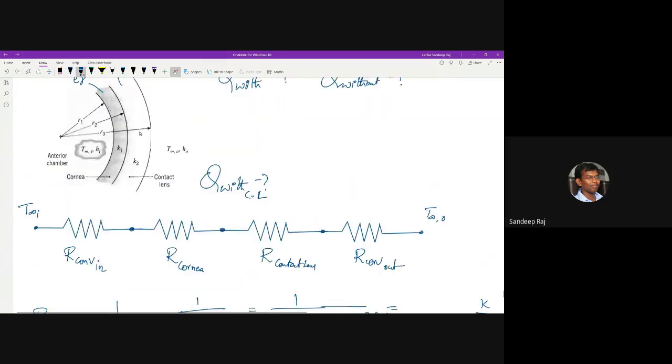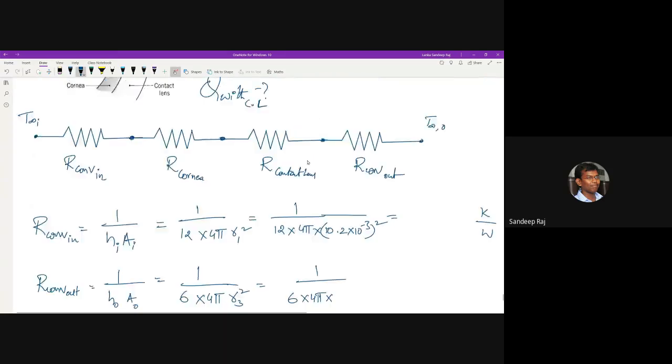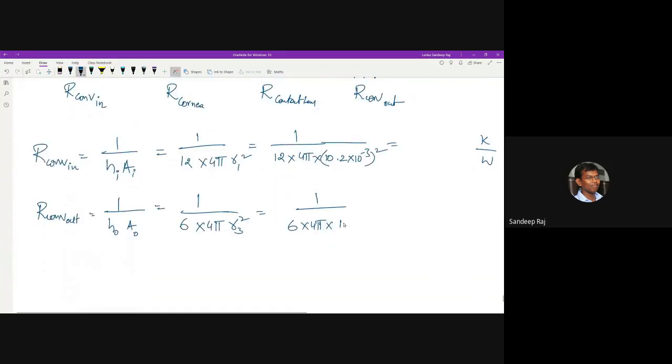This R3 should be considered. So this is equal to 1 by 6 into 4 pi into the R3, given in the question as 16.5 mm. 16.5 into 10 to the power of minus 3, whole square. You'll get the value in so many Kelvin per watt. R convection in and R convection out are done.